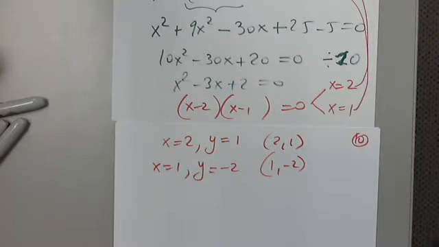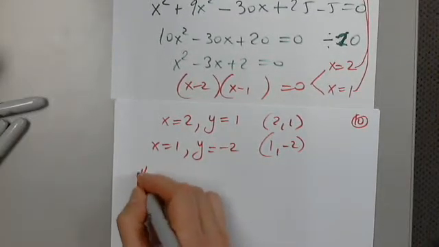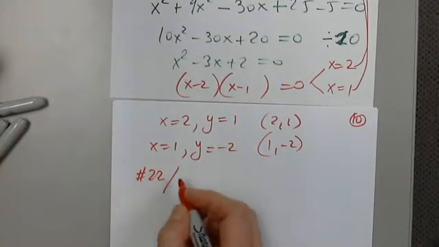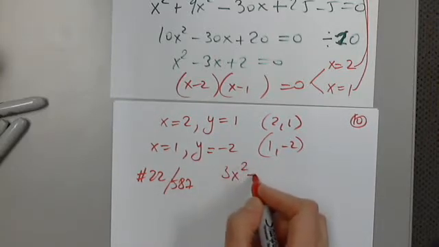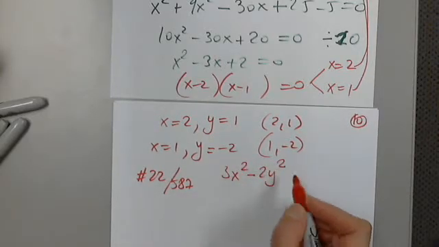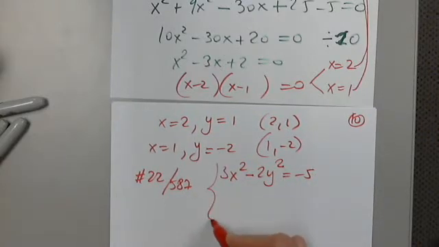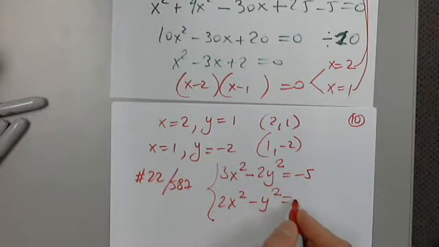So let's take a look at 22. If you want to choose, please feel free. 3x squared minus 2y squared equals negative 5. 2x squared minus y squared equals negative 2.